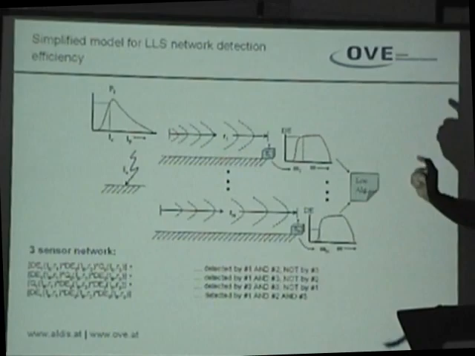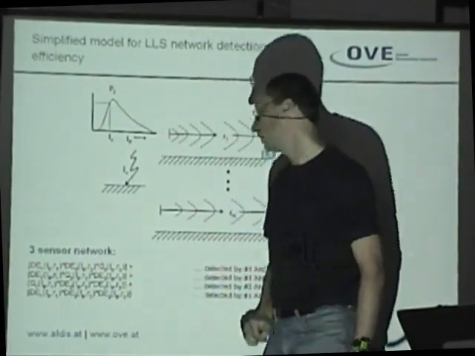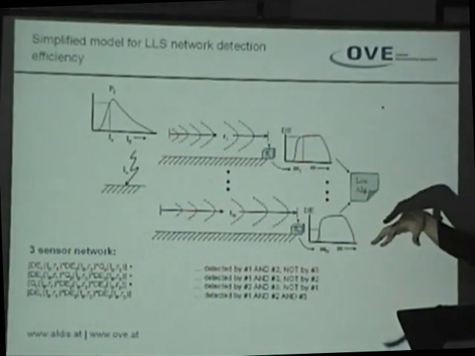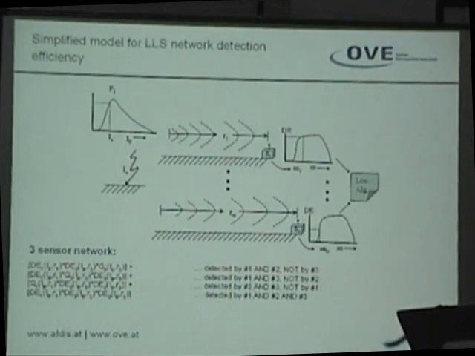Plus the probability that sensor 1 doesn't detect, sensor 2 detects, and sensor 3 detects. Plus the probability that all 3 sensors detect. That's the combination of all the possible values, for a 3-sensor network. And of course, for a 50-sensor or 100-sensor network, it becomes a big mess, but it's the same principle.